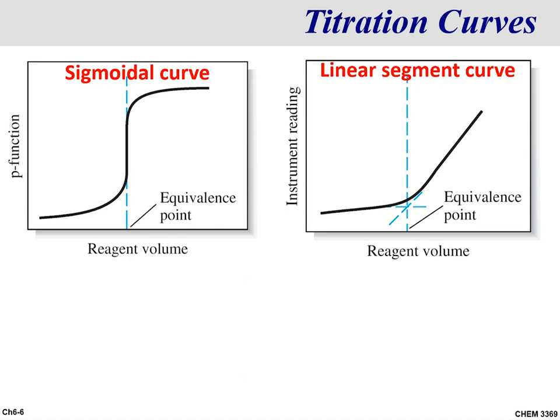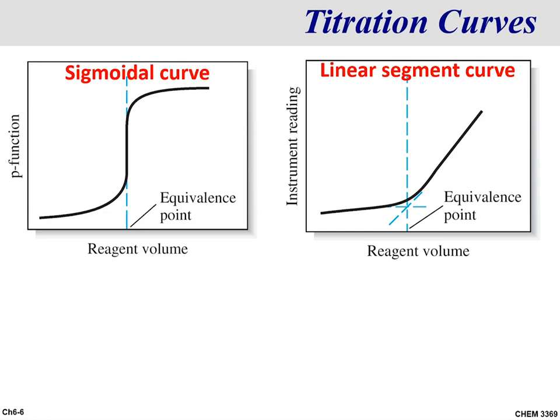So again, a titration curve is a plot of a concentration-related variable on the y-axis versus titrant volume on the x-axis. So the reagent volume is on the x-axis, and on the y-axis we have some variable that is related to the concentration of either the titrant or the analyte.